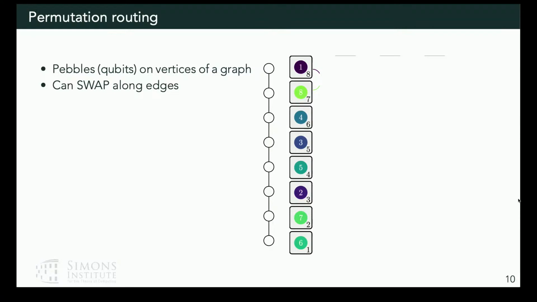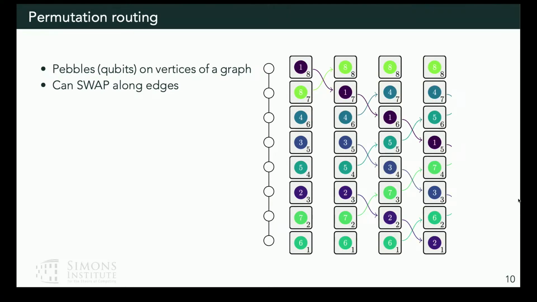The abstract problem is that I have a graph, and at each time step, I can apply swaps along the edges as long as the subset of edges is a matching of the graph, so that I don't have swaps that share the same support. And so I have my labeled pebbles, and I need to get them to certain other addresses. For example, I need to get 1 down to 1. That's what multiple time steps of this permutation routing problem would look like for just the line.